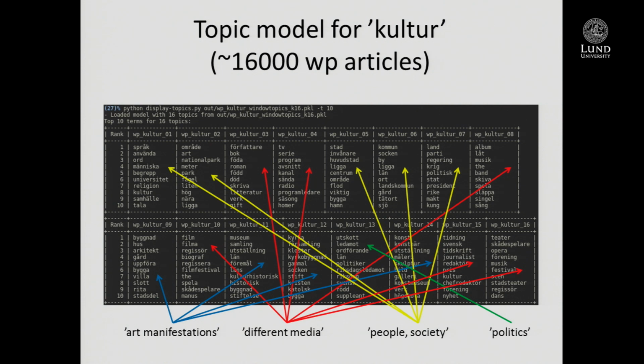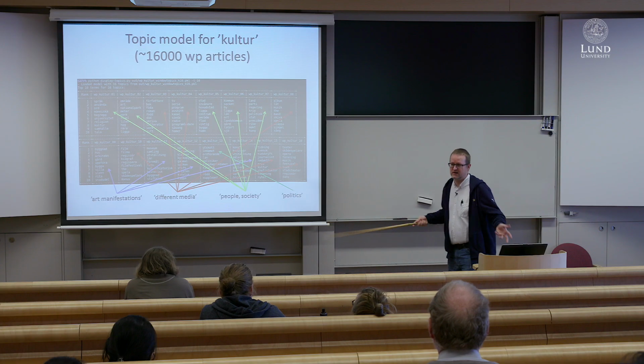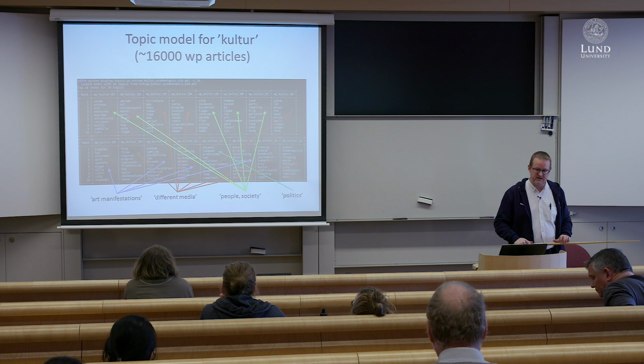So we have film related in one, author, TV, music is up here, newspapers, theaters, etc. And then there are others for people, society-like things. And there is one here related to politics, so it's probably culture, politics in some sense.